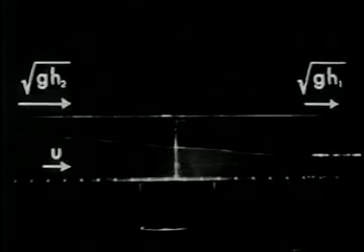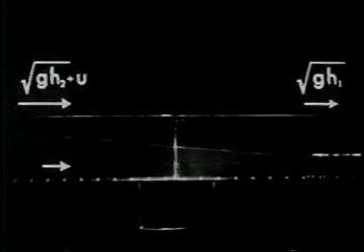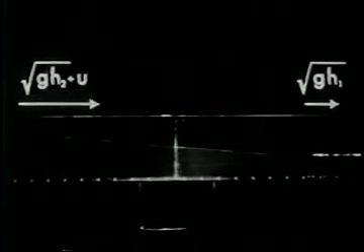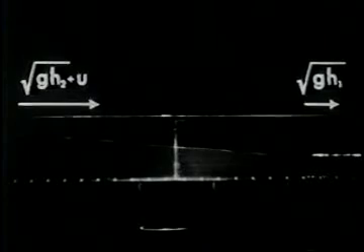This local fluid speed adds to the increased local wave speed at the trailing edge, causing the trailing edge to overtake the leading edge even more quickly. Watch this wave steepen in slow motion as we follow its leading edge.